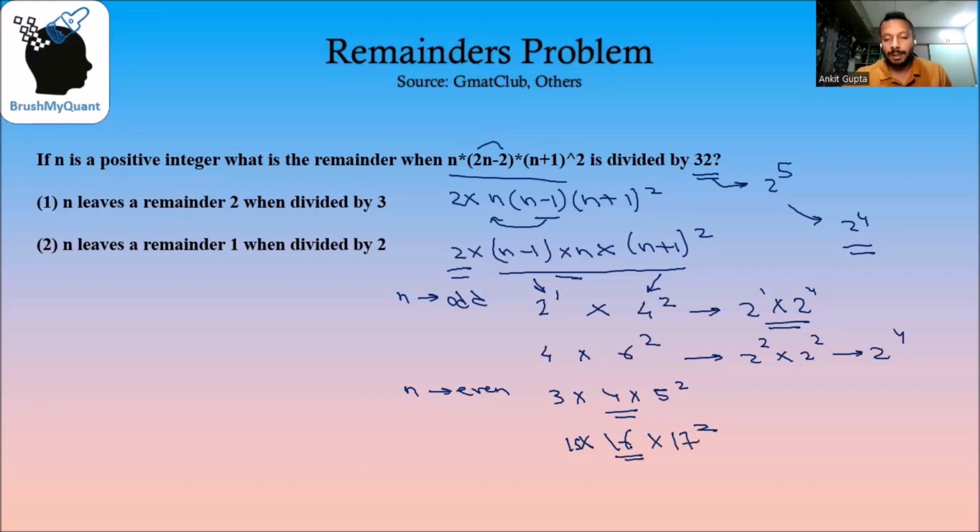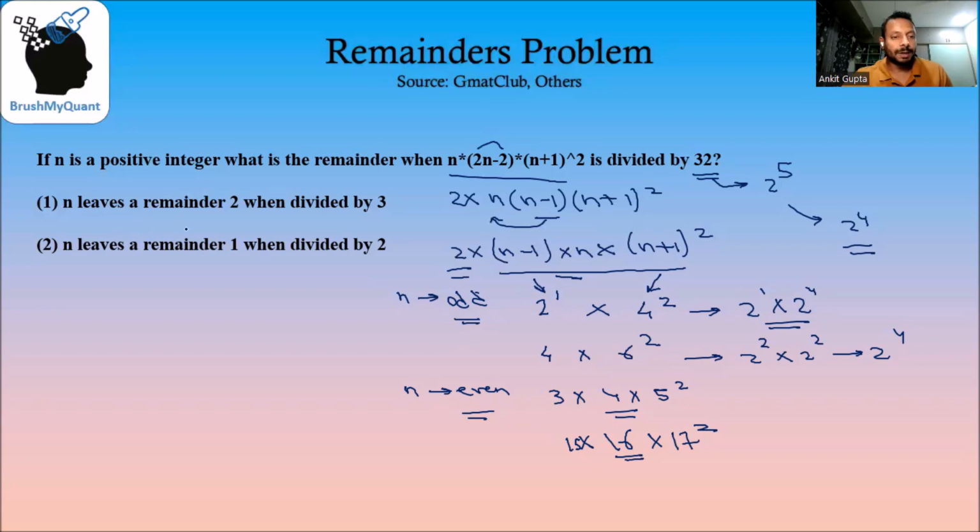So in some cases, it will be divisible by 2 raised to 4. In some cases, it won't be. So that means we cannot answer the question if n is even, but we can definitely answer the question when n is an odd number. So let's see which option actually provides us that value of n, which is an odd number for sure.